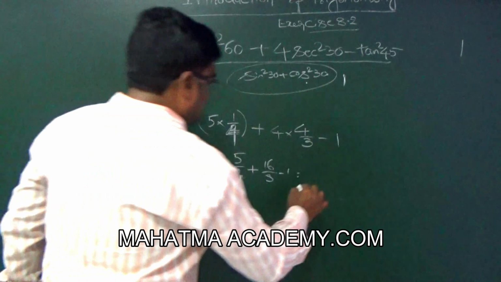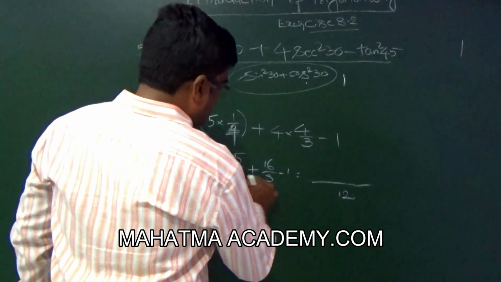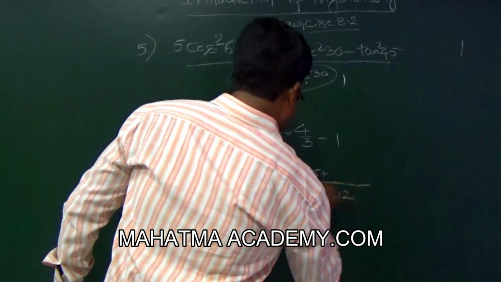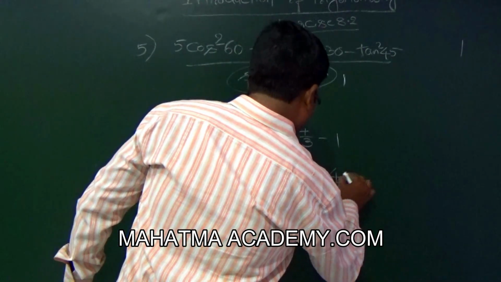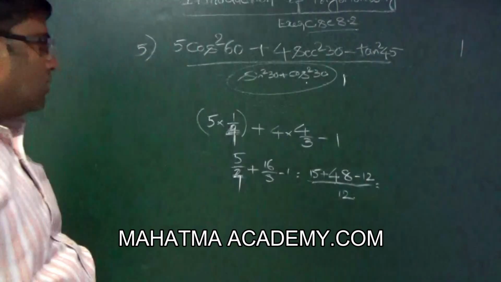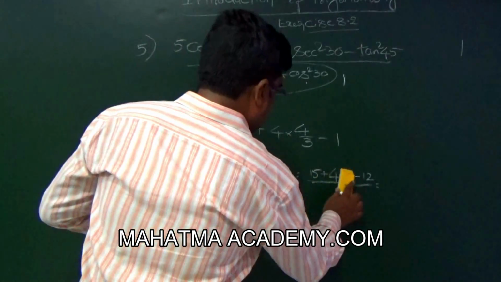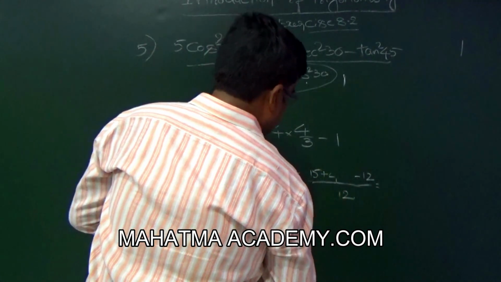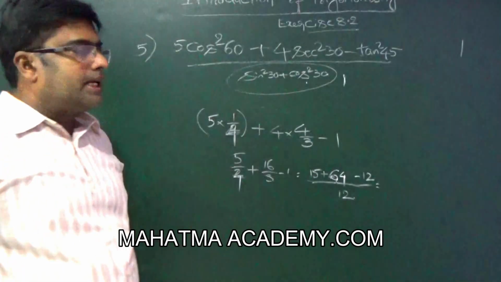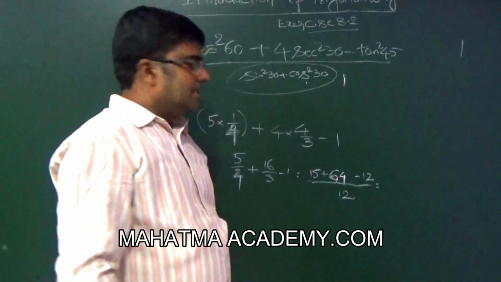LCM is 12. 3 into 5 is 15, plus 4 into 16 is 64, minus 12. 64 plus 15 is 79. 79 minus 12 is 67.